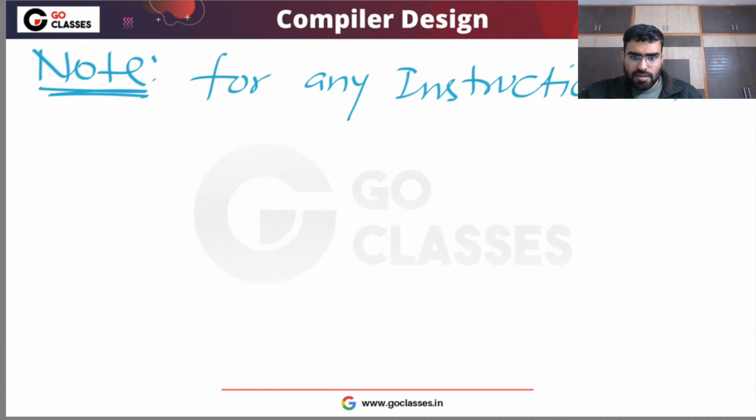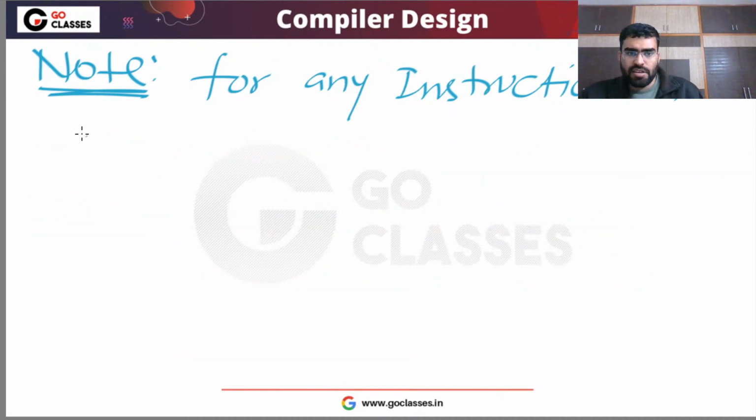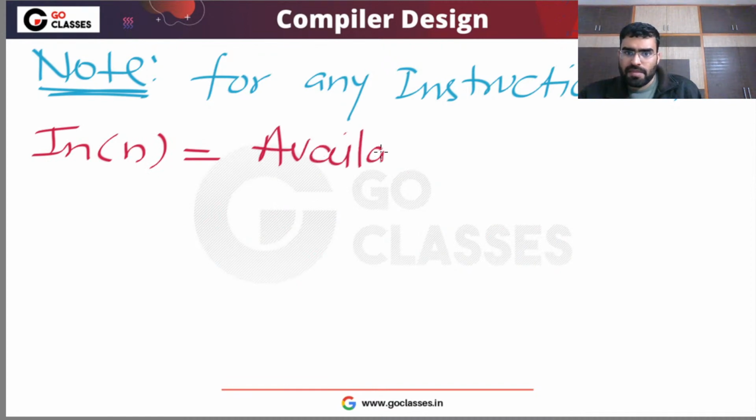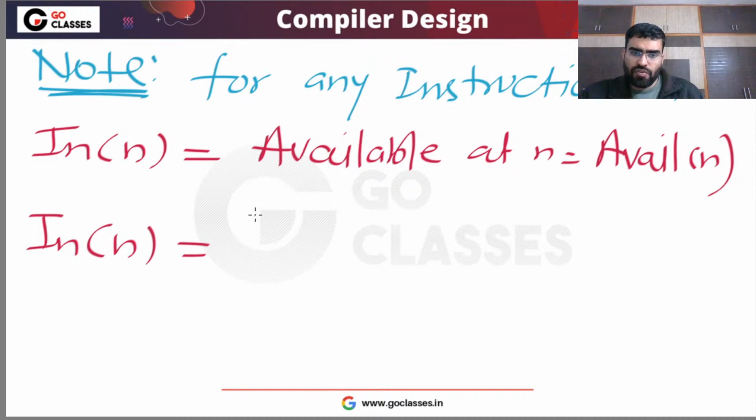Okay, next point. For any instruction n, you can say generate of n, kill of n, and finally in of n, which is the same as available at n. And what is out of n?